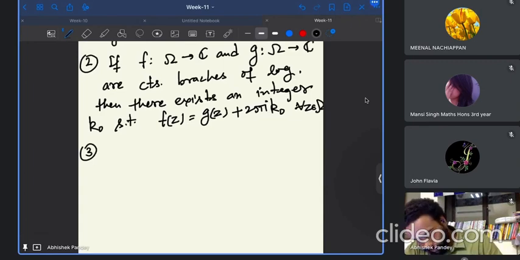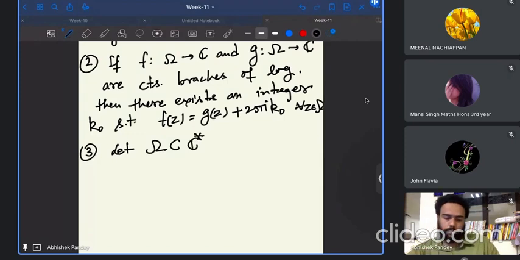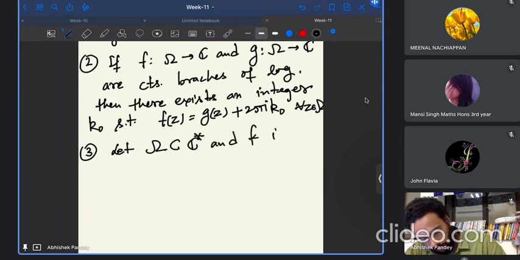Third one is, let omega be a subset of C star, which means that 0 is excluded, and f is a branch of log z on omega.